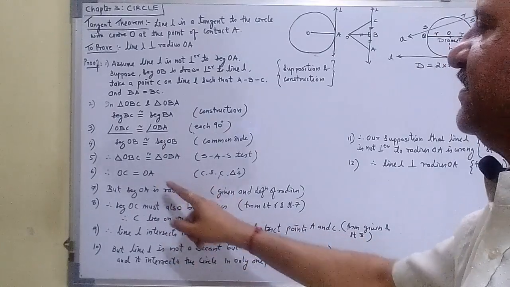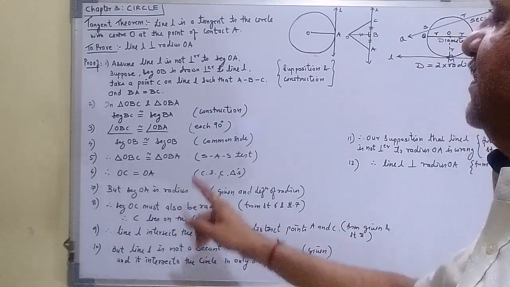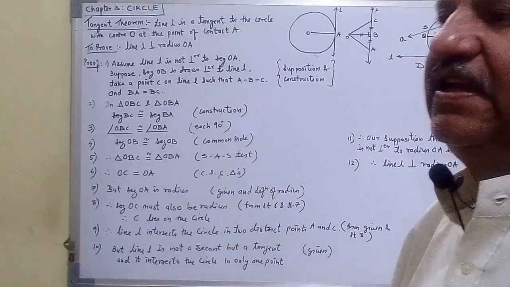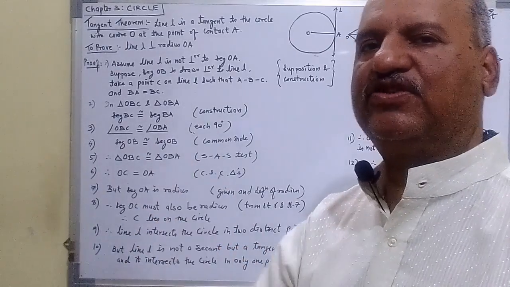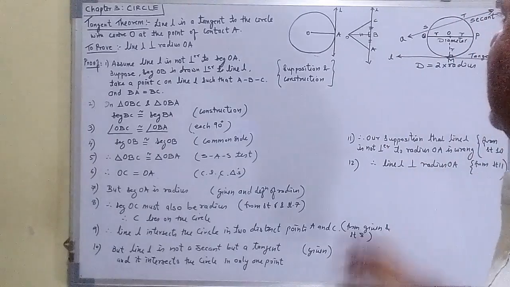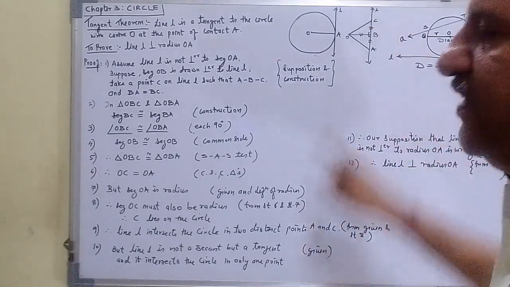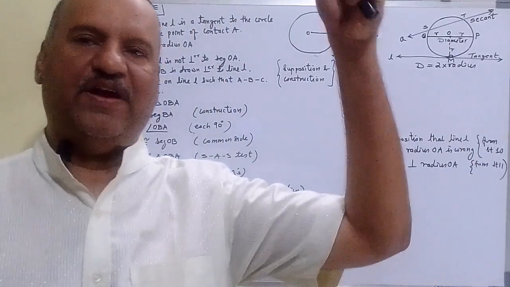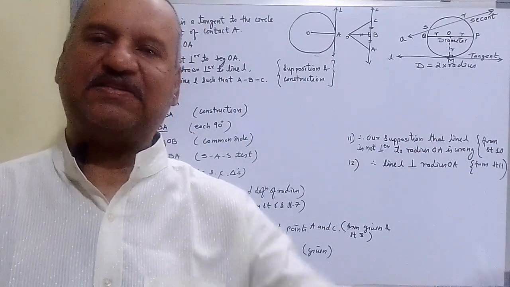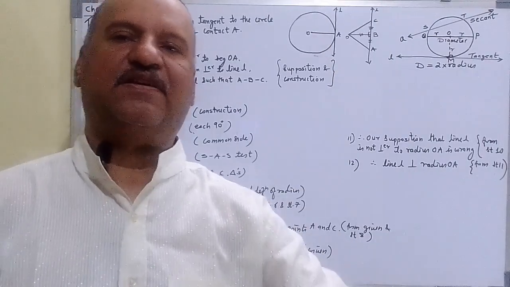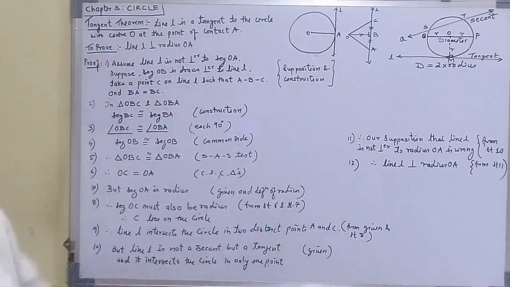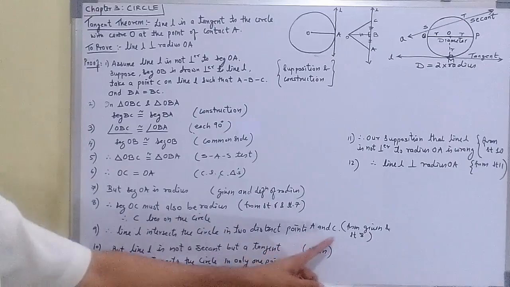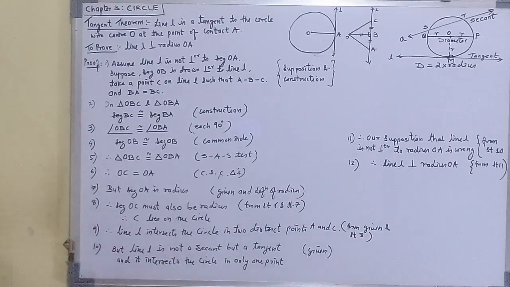That means point C, अगर OC radius है, that means point C also lies on the circle. इसका मतलब point A and point C both lie on the circle where line intersects. That means line L intersects circle in two distinct points A and C. Right? देखो, therefore line L intersects circle in two distinct points A and C from given and earlier statement.